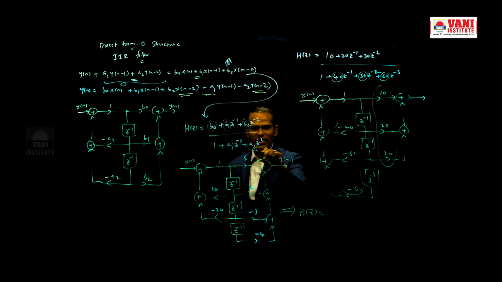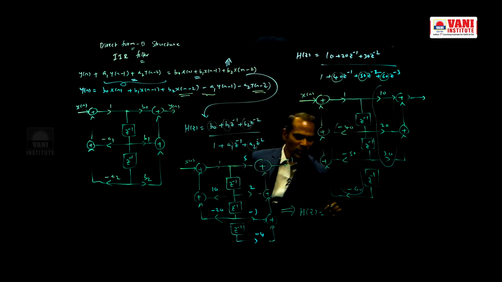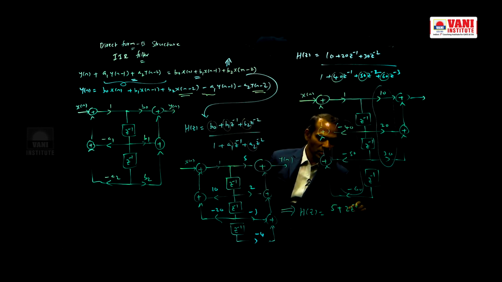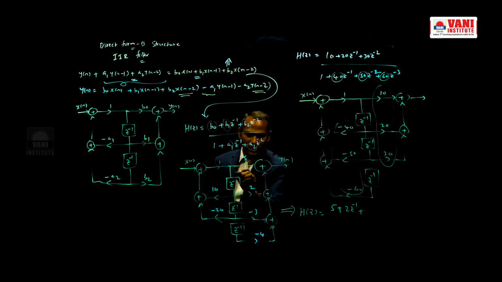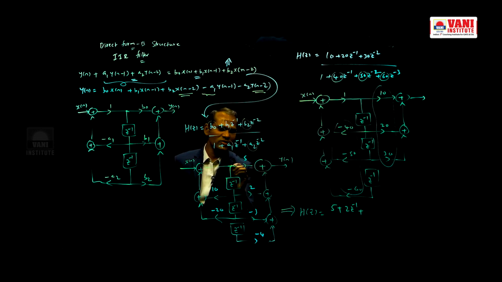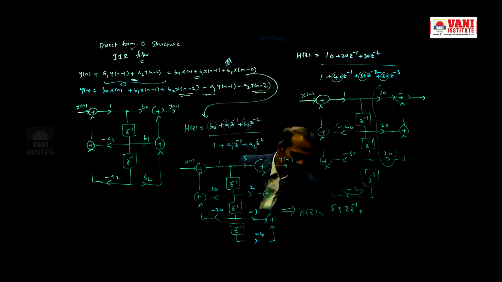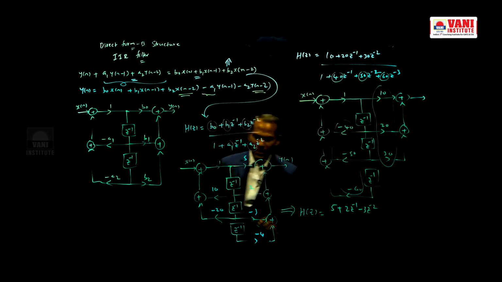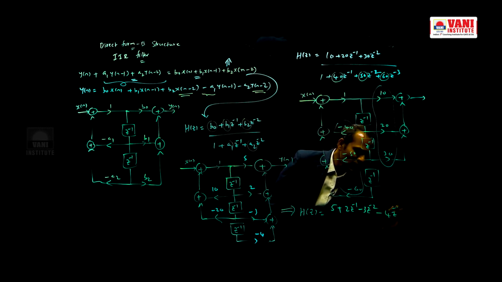Always this side is numerator, so B0 plus B1 z inverse, so 2 z inverse plus, think like this, just identify the terms in the path, so 5 plus z inverse into 2, 2 z inverse, plus z power minus 2 into minus 3, so minus 3 z power minus 2, and z power minus 3 into minus 4, so minus 4 z power minus 3.